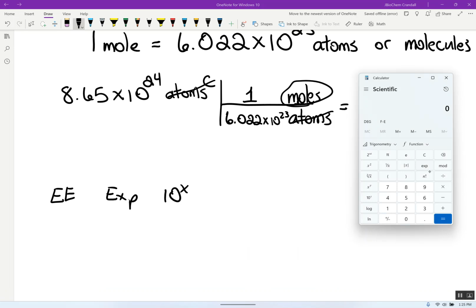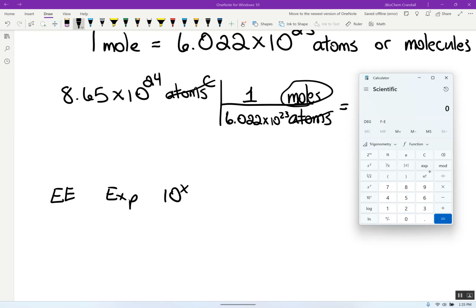So I want to take 8.65, and if you have a calculator, I'd recommend trying this, because the way that you enter this into your calculator will tell you if you have a calculator that can enter it without parentheses, or if you have to use parentheses, or those sorts of things, when you're doing the scientific notation.